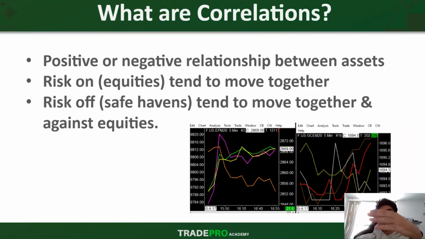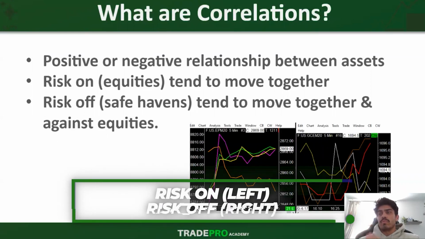So if you take a look here at the bottom right of the screen, we have two different correlation matrices for you. On the left-hand side, we've got the risk-on or equity correlations. From pink, we've got NASDAQ futures, yellow Dow futures, green S&P futures, and the orange-brown color is the Russell futures. On the right-hand side, we've got brown, which is bonds, yellow, which is gold, silver, which is grayish silver, and red, which is yen.